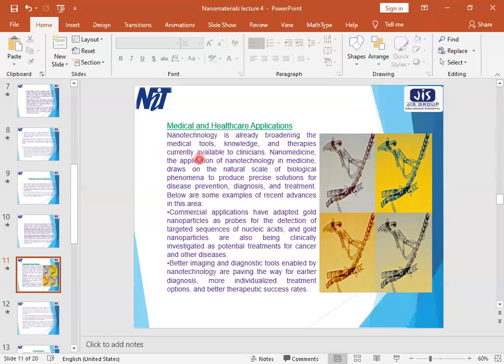Then it is written that it should be matched with other clinical findings. Why? Because they are not sure about that. But if the tools are made with nanomaterials, then that can certainly tell what the person is actually affected by. So more individualized treatment options and a better therapeutic success rate will be there.